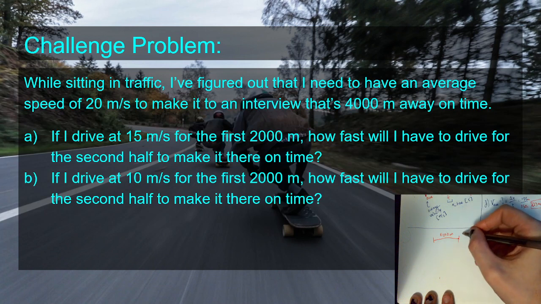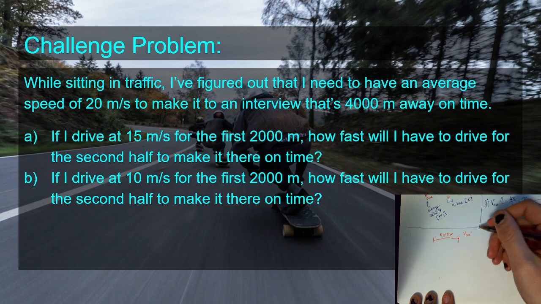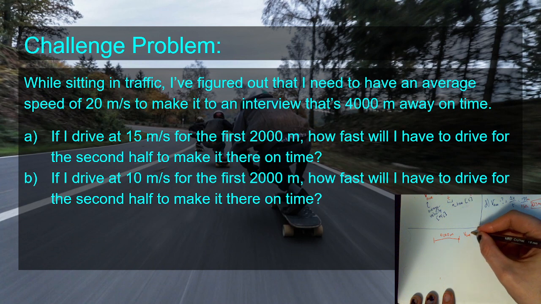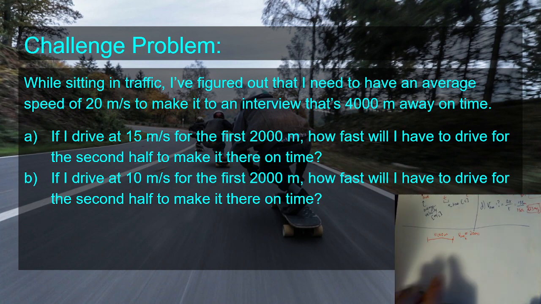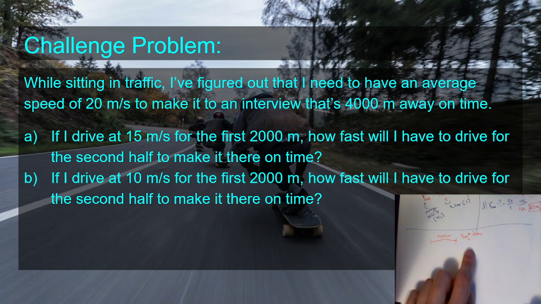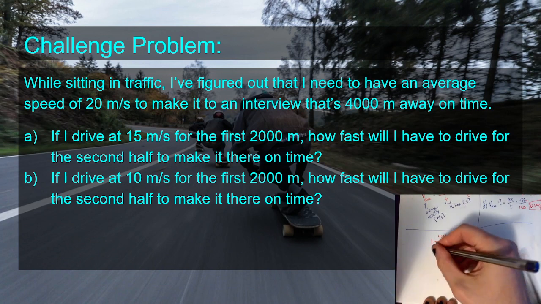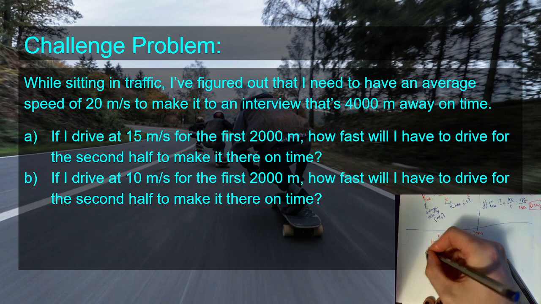I also know that for the whole thing, my average speed, or average velocity, V_AV, I'm going to use velocity for this one because I don't write out speed, needs to be equal to 20 for the total. So we have a subscript. Which average velocity is it? The total average velocity.